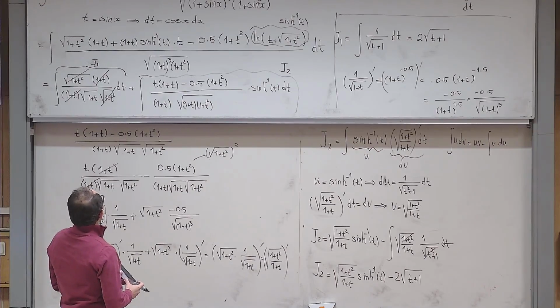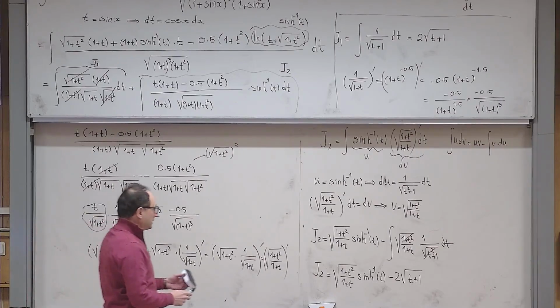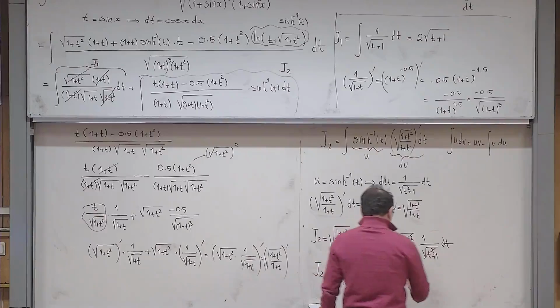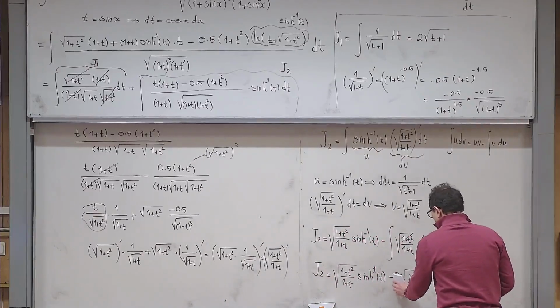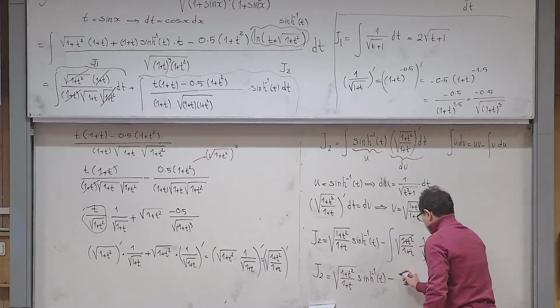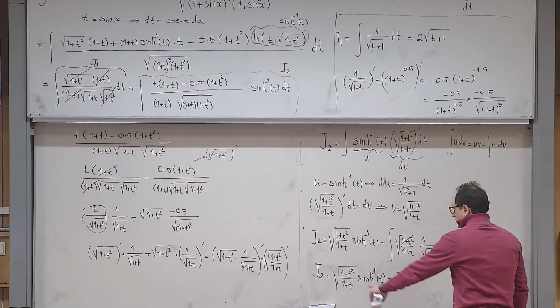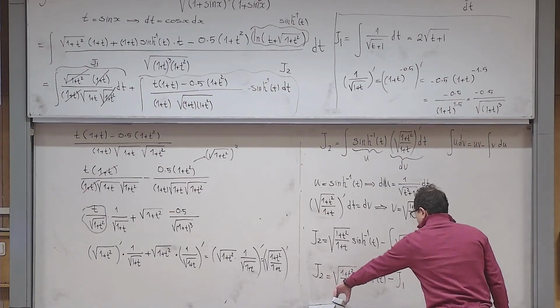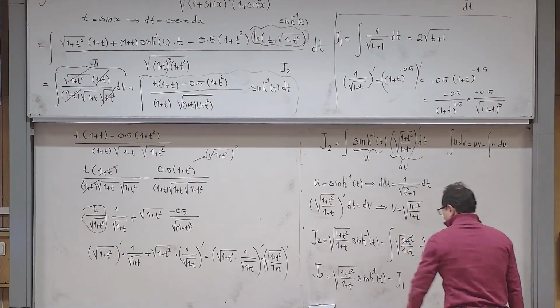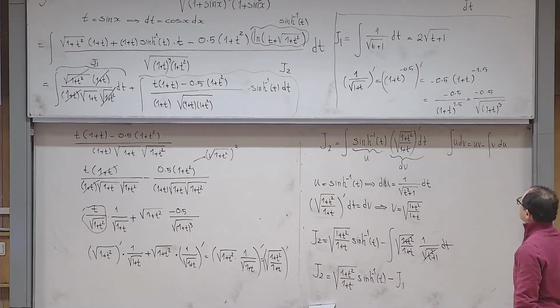So that is j1. And by the way, it was tricky. Because I was able to show that j2 is this expression minus j1. Yes. There are no extra factors I am losing.